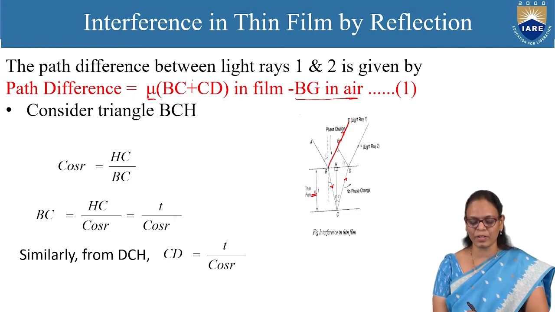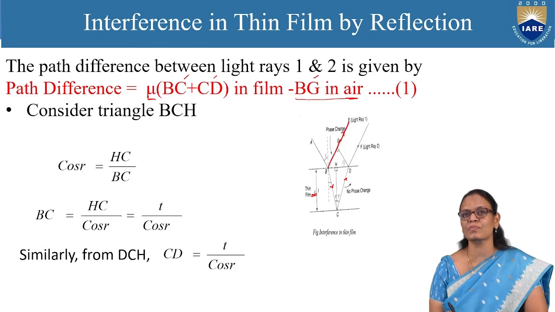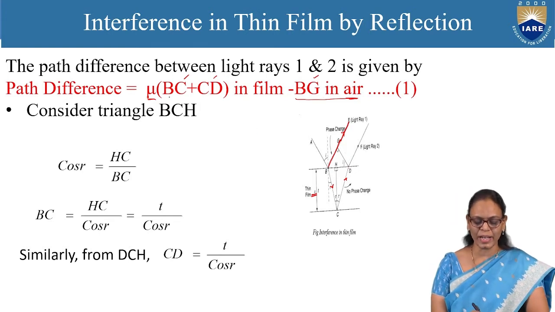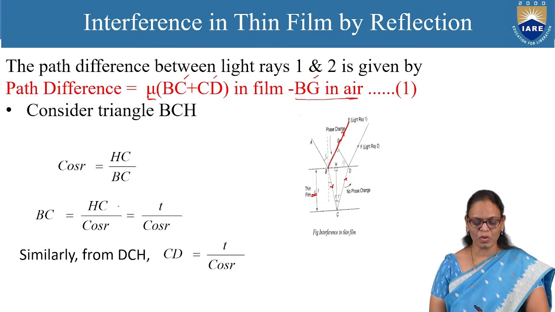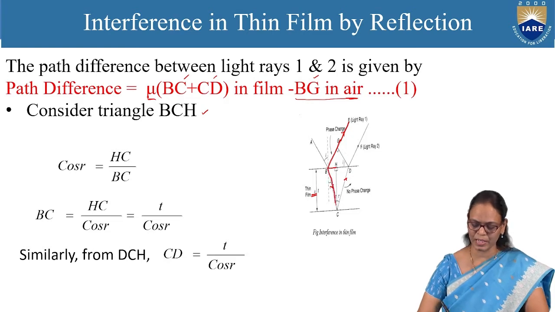So how do we now calculate BC, CD and BG from the figure? In the next few minutes, we are going to see how to calculate BC, CD and BG from the geometry of the figure. For the first one, we consider triangle BCH. This is the triangle we are going to consider, and this is R, the angle of refraction.